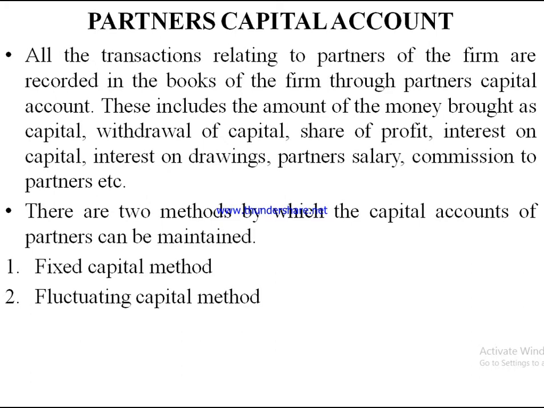All the transactions relating to partners are recorded in the firm's books through the Partners Capital Account.